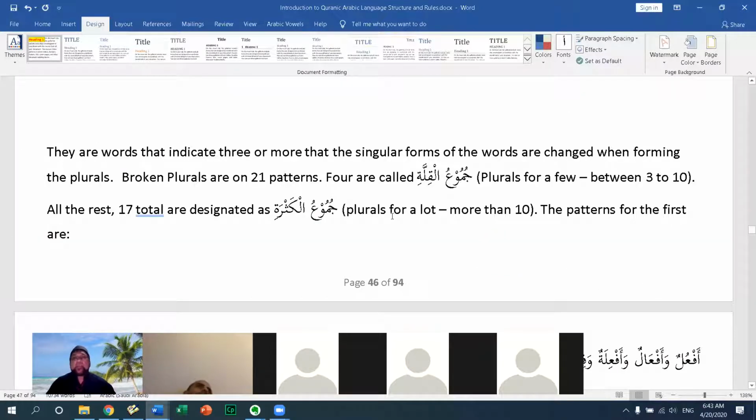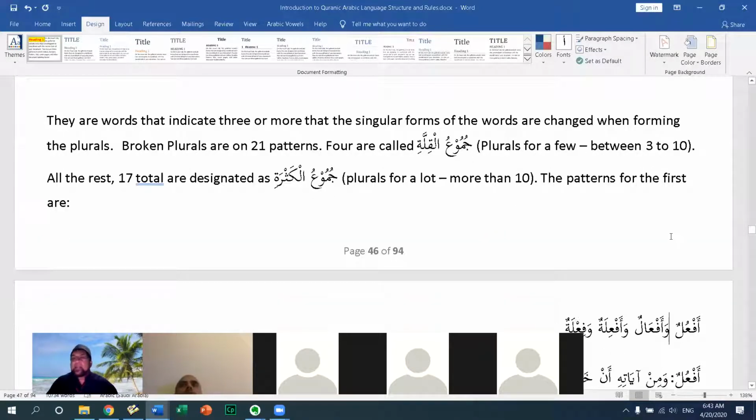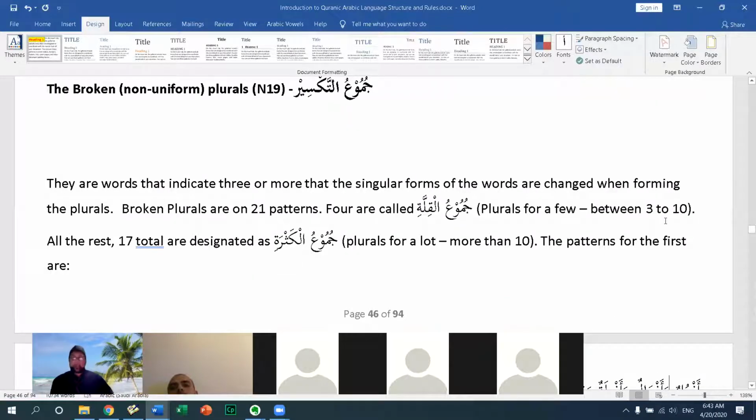The 4 patterns, I want to simplify this for you. You don't have to memorize the 21 patterns. You don't have to memorize any of them. That's not the objective of this lesson. The objective of this lesson is to let you know that they exist. If you can remember some of them, that's cool.